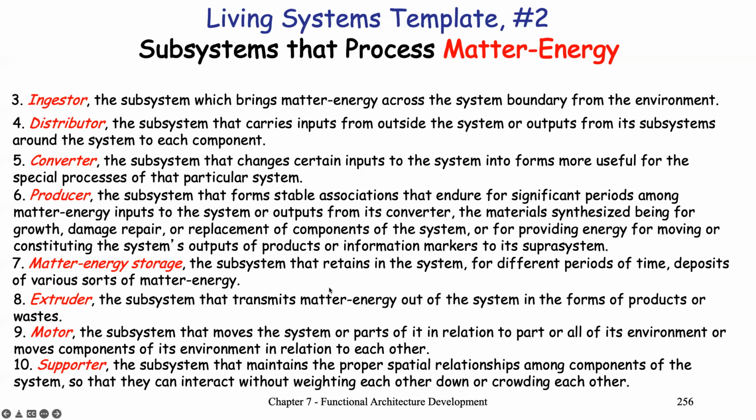There's a storage, and so there's ability to retain in the system for a period of time, deposit various sorts of matter energy. The extruder, this is the ability for the system to be able to expel byproducts that are no longer needed for the system.